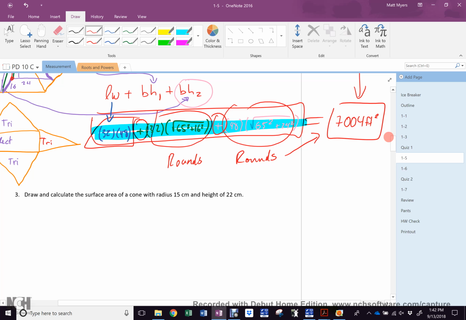The square root of 65 squared plus 16 squared, close brackets, plus 48 times bracket, the square root of 65 squared plus 24 squared, close brackets: 7,003.97. Nice work. Go get a gummy bear.